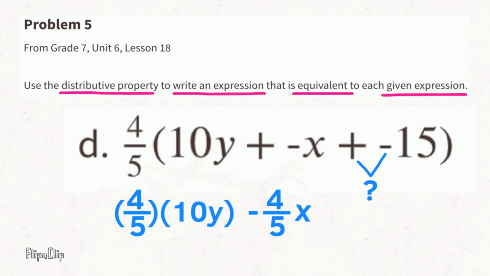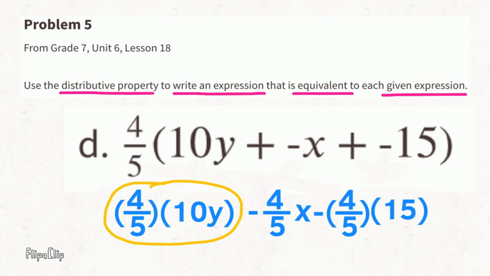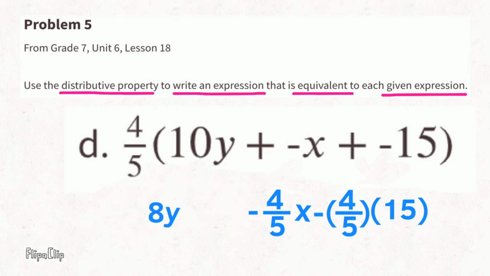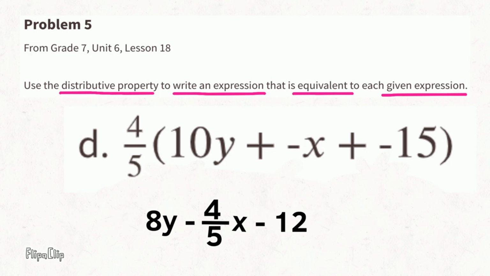So you can say and a negative. 4/5 times 15. 4/5 times 10y, or 4/5 of 10y, is 8y. 4/5 times 15, or 4/5 of 15, is 12. Now we're left with the three terms, 8y, a negative 4/5 x, and minus 12. So after using the distributive property, the expression reads 8y minus 4/5 x minus 12.